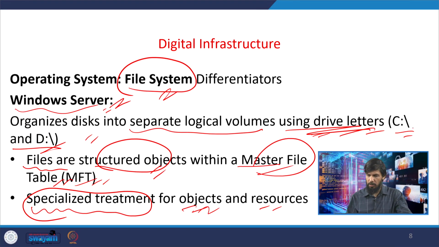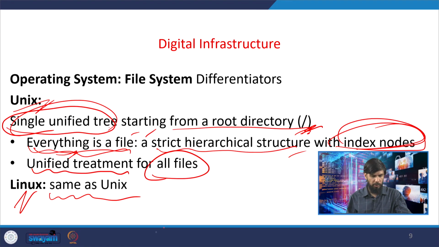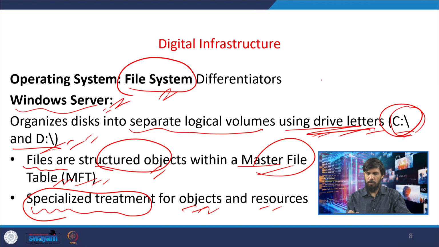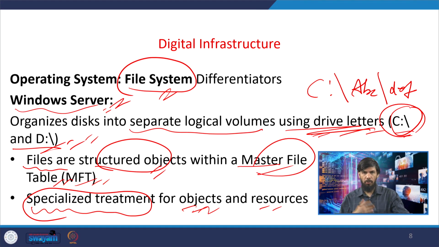So here you can see the backward slash when we are talking about the drive letters, and here you see the forward slash, and so the whole path would go like A, B, C, and then D, E, F. So in this way the path names will go, and in the case of Windows Server, the path name will go like this, right. So there are some differences in terms of how file paths are created.